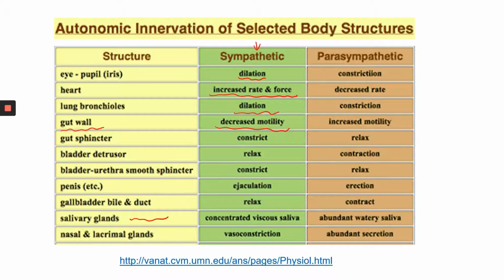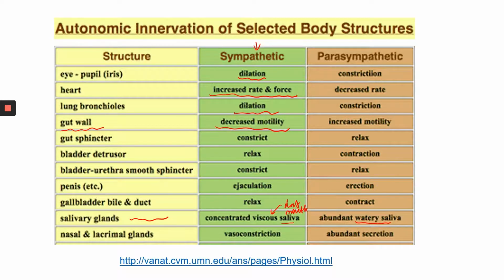So your salivary glands will have concentrated, very viscous saliva instead of watery saliva. So this is going to lead to dry mouth. Because again, your priority now is not digestion, right? All right, I think that's most of the things that you may see.